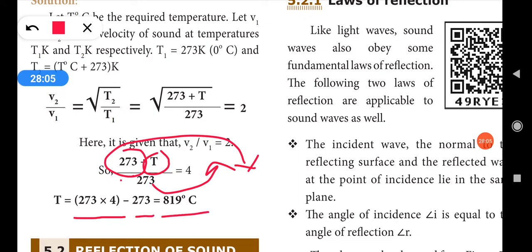Finally we get the answer, 819 degree Celsius. So at 819 degree Celsius the speed of the sound will be doubled in the air medium.